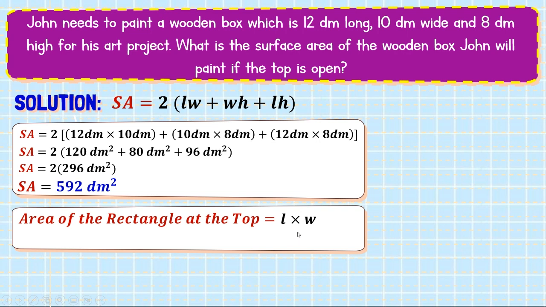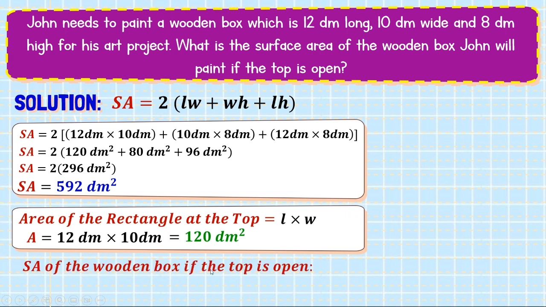There is no height in the illustration. Therefore, there is only a length and a width. Now, substitute. Area is equal to 12 times 10. The length is 12 and the width is 10. Therefore, the answer is 120 square decimeters. So we need to subtract this from the surface area of the box.